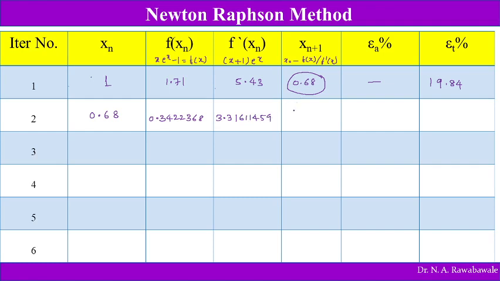And the revised value of this root we get as 0.582787. Now we can find out approximate error and true error. First approximation we know, revised approximation we know.